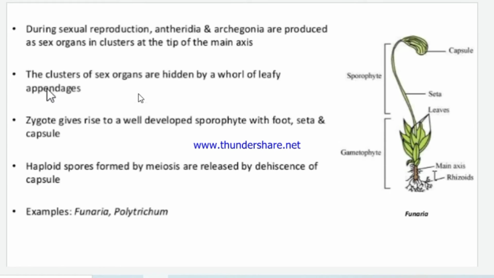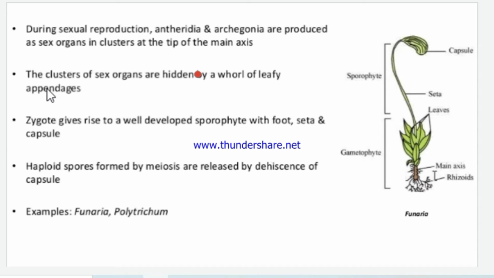Now students, during the sexual reproduction, the male and the female gametes are produced in the antheridium and the archegonium. So what does antheridium produce? The antheridium produces the male gamete, and the female gamete is produced in the archegonium.